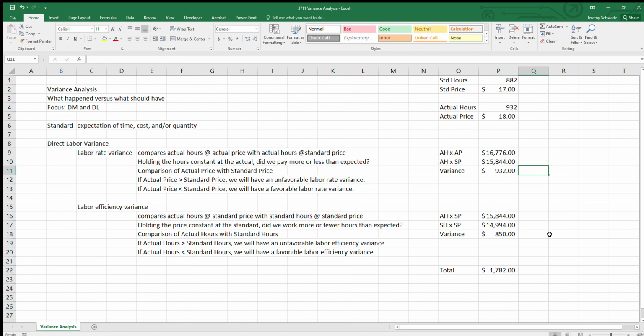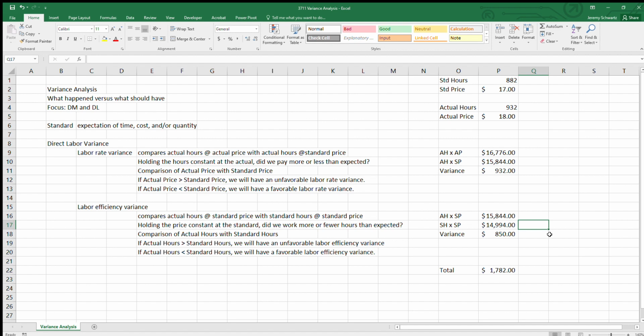That would be something we would want to investigate more deeply. Was there overtime? Did we reallocate resources and have a more expensive person working on the production line? That could be a source of the labor rate variance. From the efficiency standpoint, why did it take 50 more hours than what was anticipated?